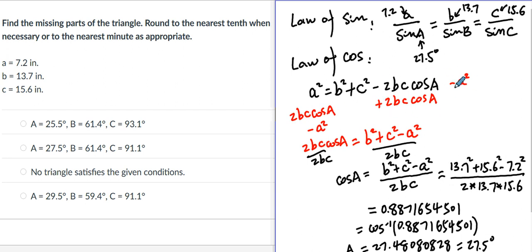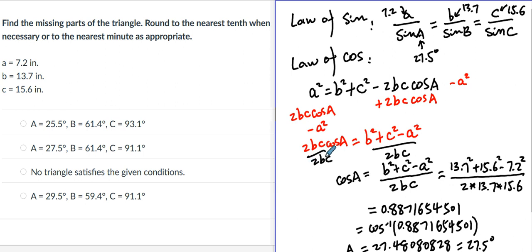Then we subtract a squared from both sides, so on the left-hand side a squared is cancelled. We get 2bc cosine A equals b squared plus c squared minus a squared.